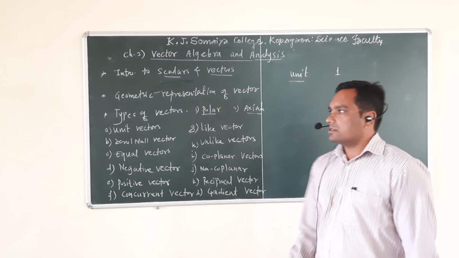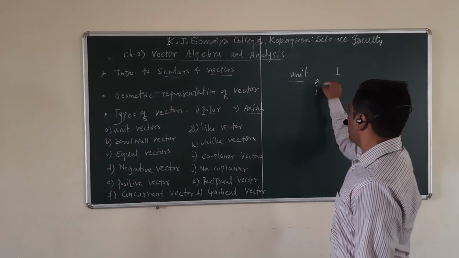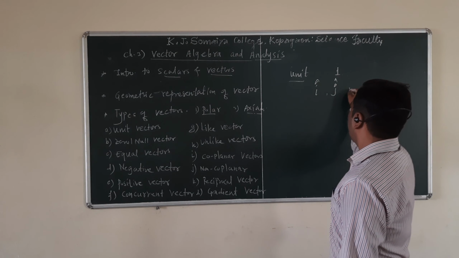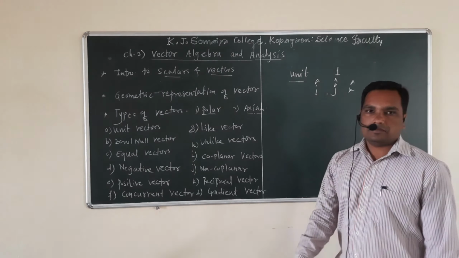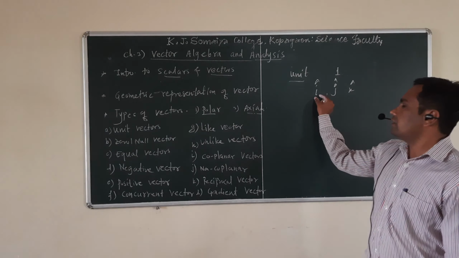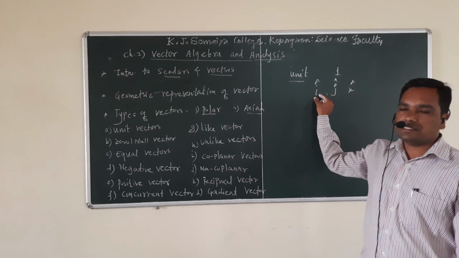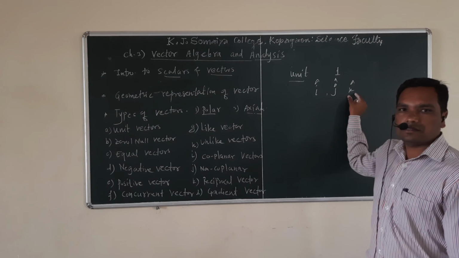Examples of unit vectors are i cap, j cap, k cap. These are the unit vectors along the x-axis, y-axis, z-axis.